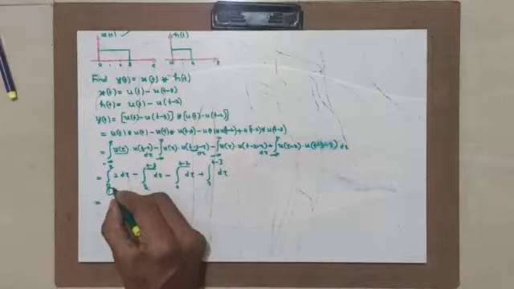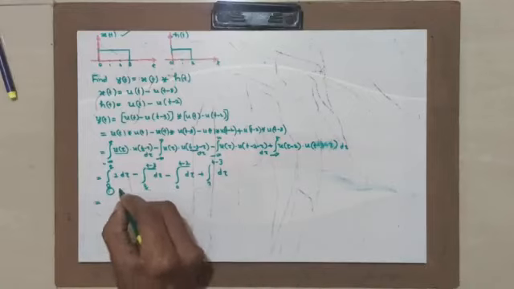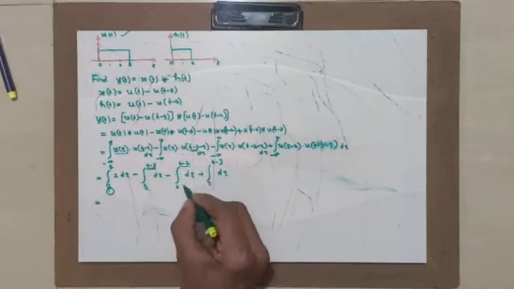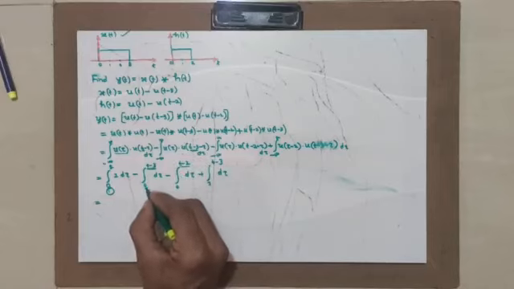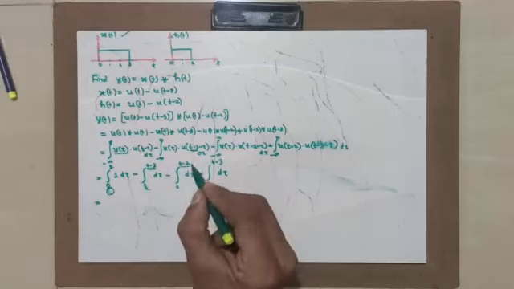See, this is the first integration, this is the second integration. Hence I will write according to the numbers where they start. You already know now, this starts at 3, this starts at 2, this starts at 5.